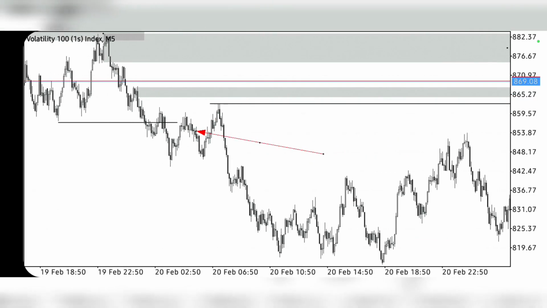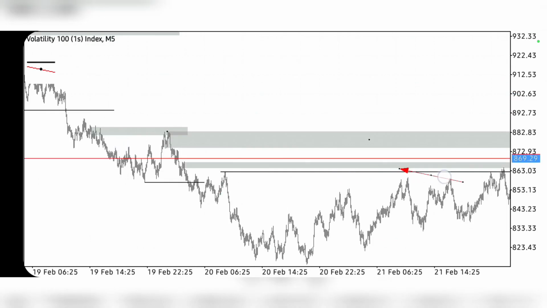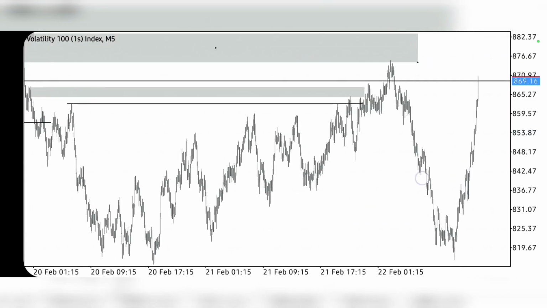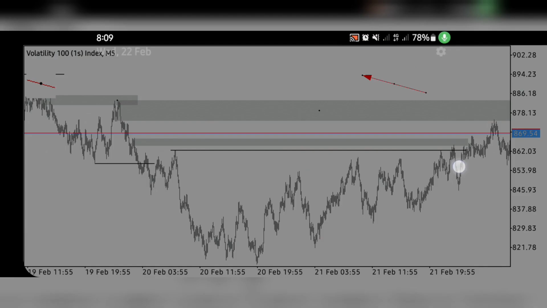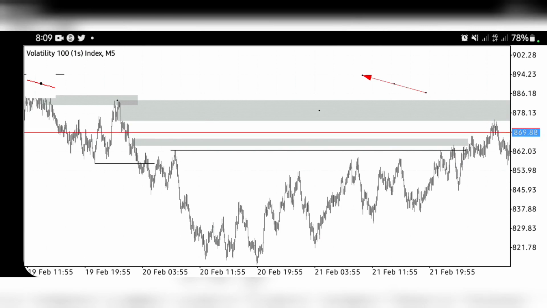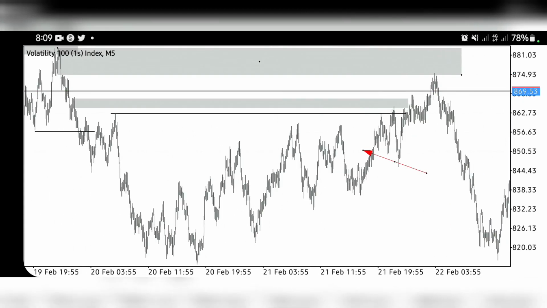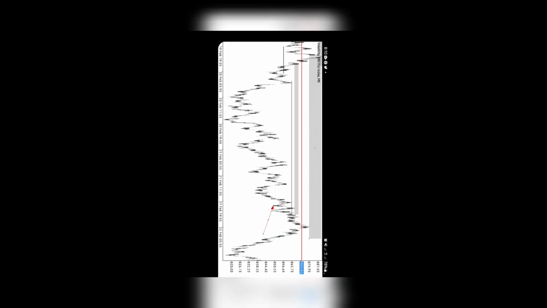So when the market got to the B setup, let's see how the market reacted so that you can see what the movement of the market is. When the market got to the first POI, you can see we had a little break of structure.